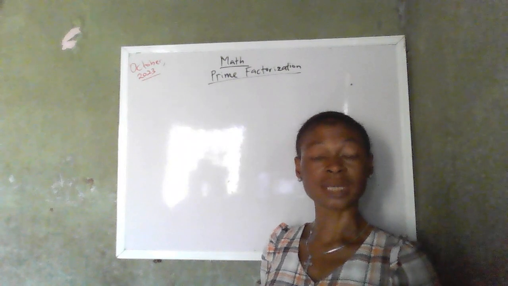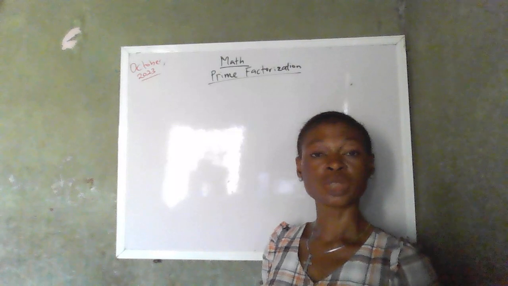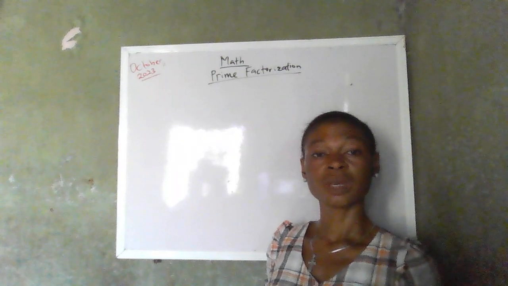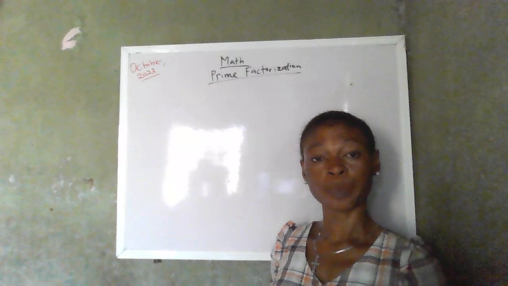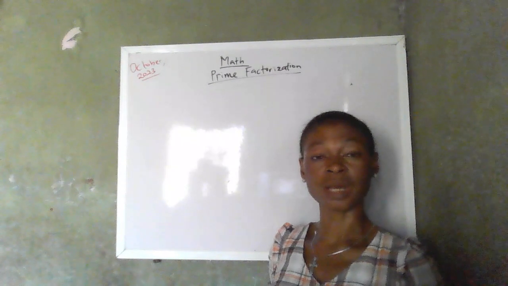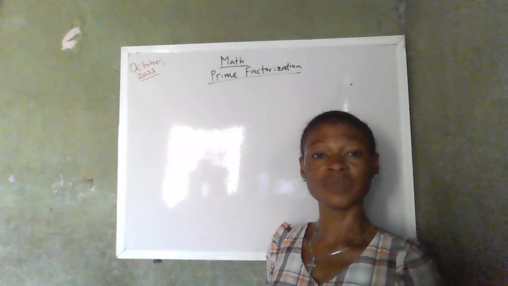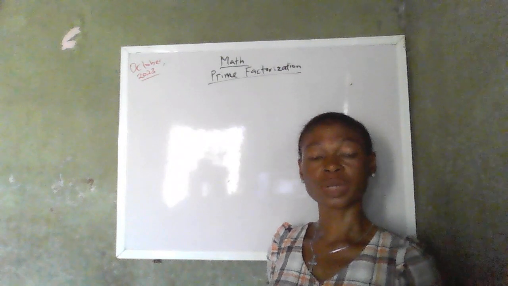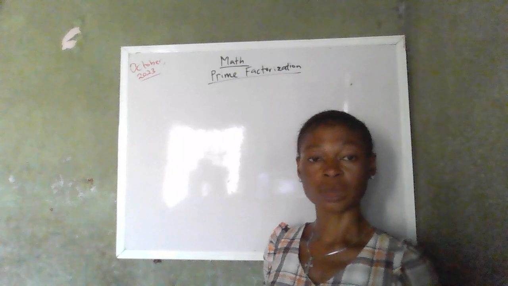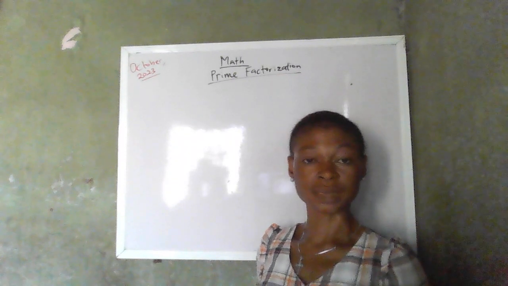However, in today's lesson, we are still going to be expressing given numbers as a product of their prime factors in index form. However, we're going to be using the division method. Let's quickly run through the multiplication method as used in the last lesson.